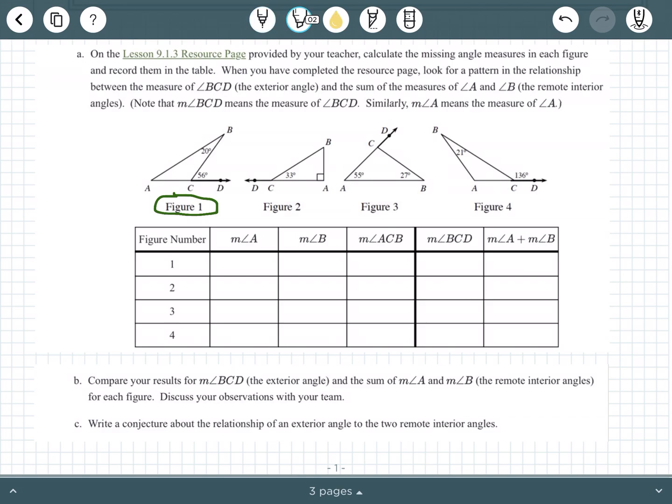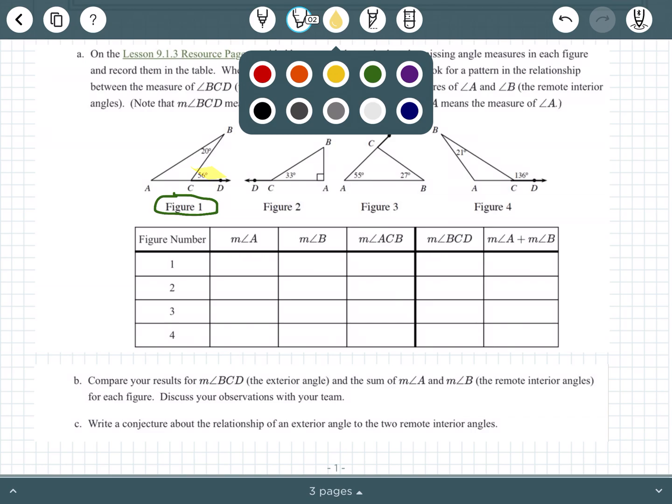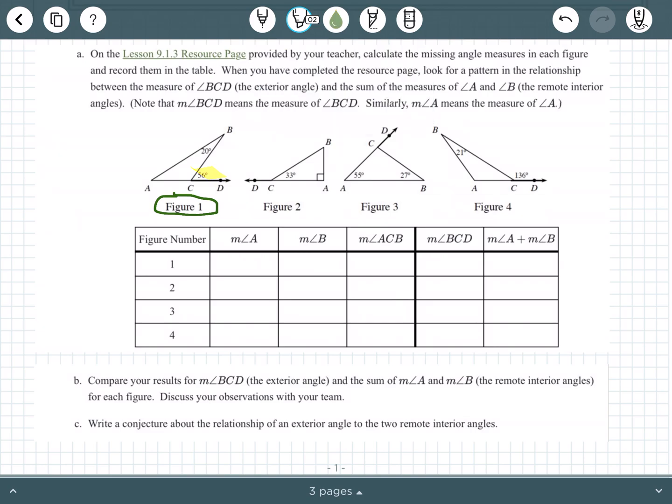So we have our exterior angle, which is 56 degrees. The two remote interior angles are going to be the ones opposite of that.